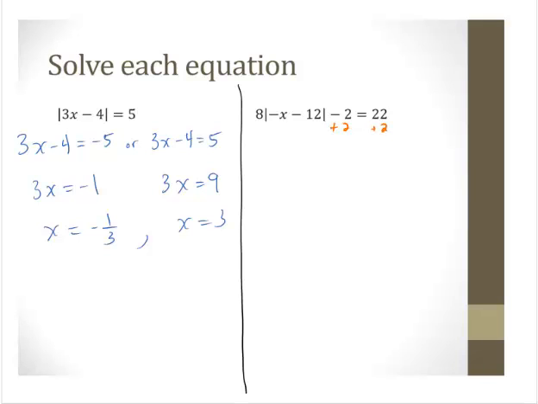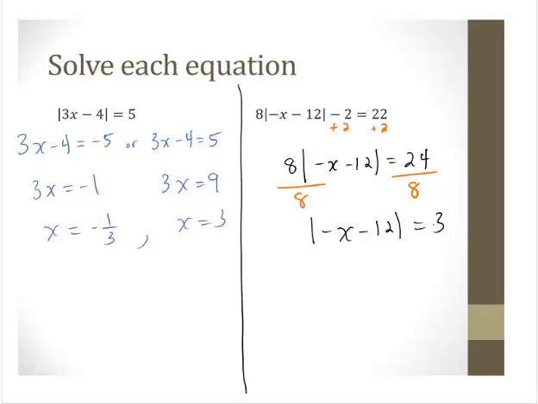So we have 8 times the absolute value of negative x minus 12 is equal to 24, and then we will divide through by 8, yielding the absolute value of negative x minus 12 is equal to 3.